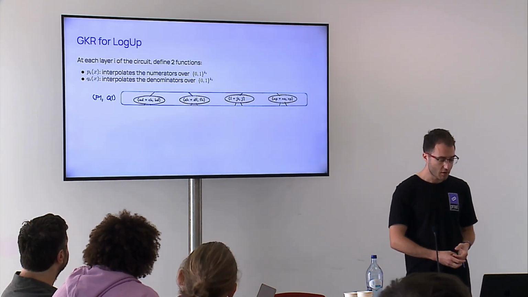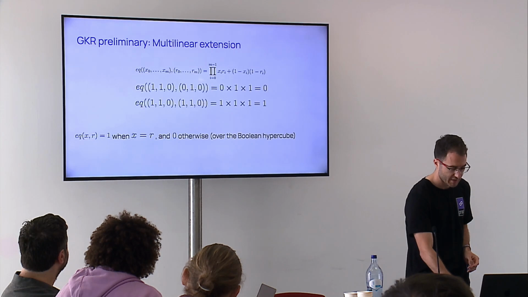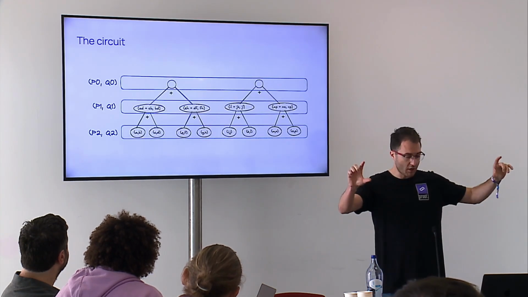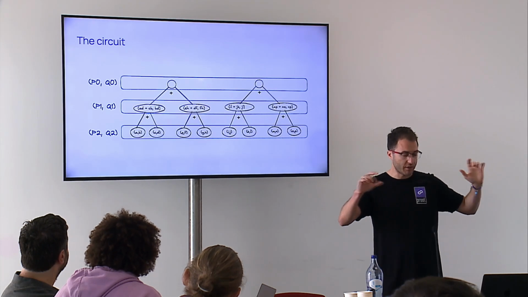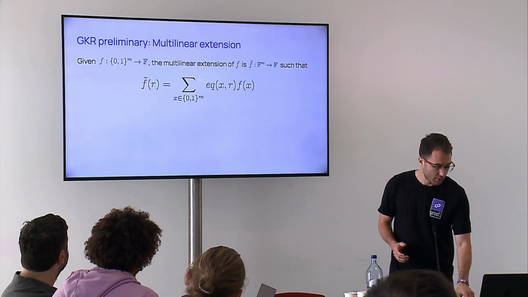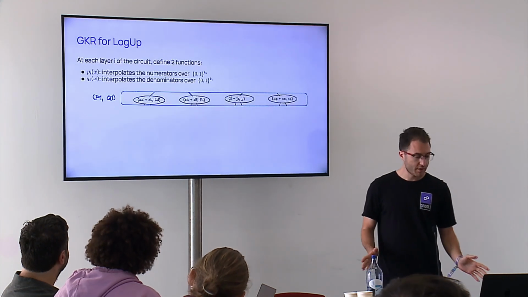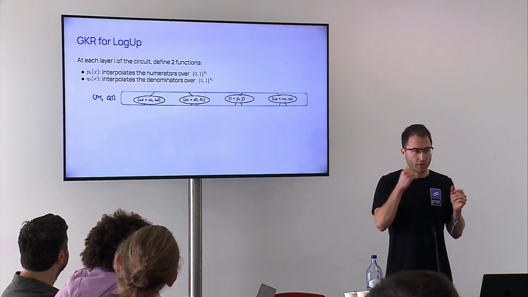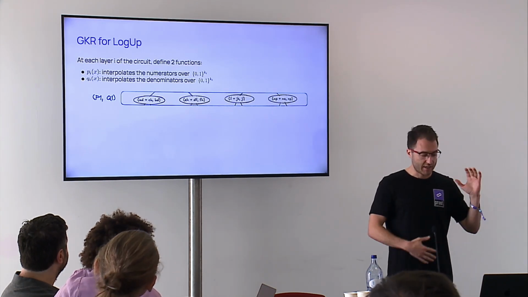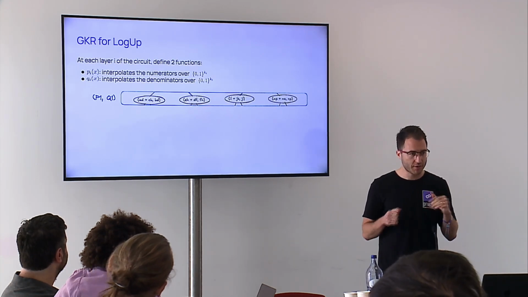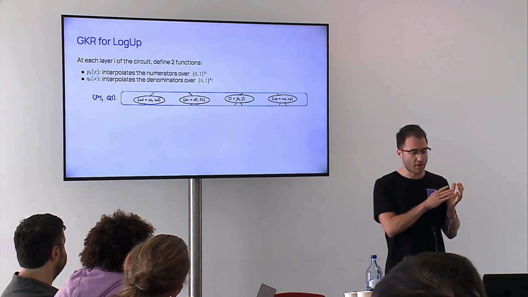So if we recall, maybe if I go back just to give context, this was our circuit, and we're just going to zoom in on P1, Q1, so the middle layer. We're going to build two functions over the Boolean hypercube. P is going to be all the numerators, and Q is going to be all the denominators.